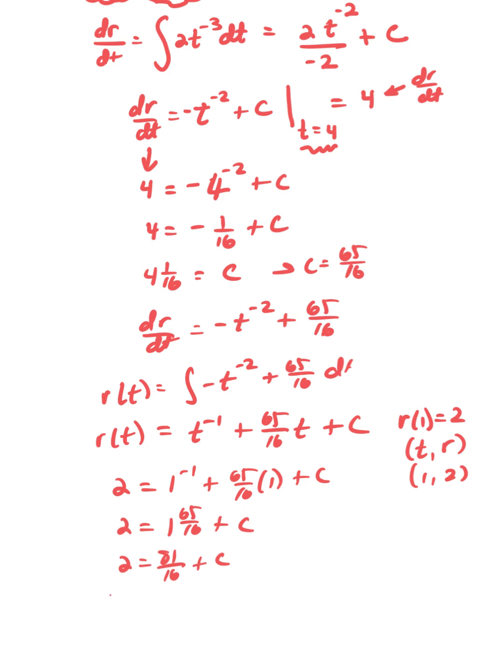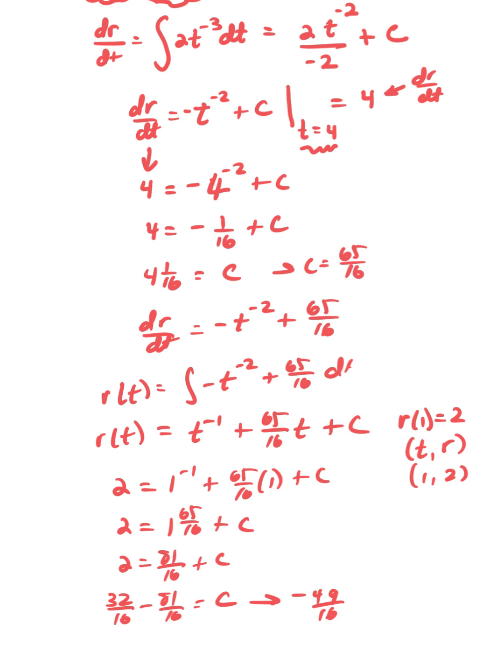And so I can say that this is 32/16. I'm subtracting 81/16 to get c. That means that c ends up to be negative 49/16.